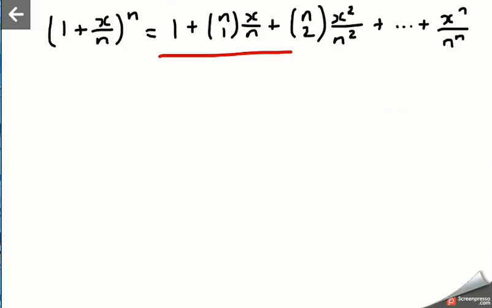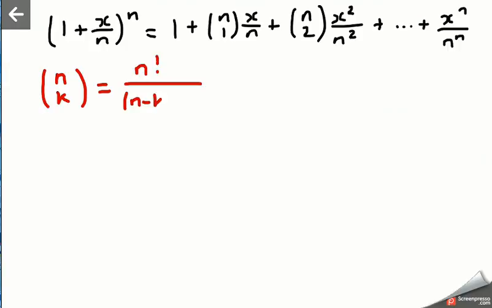Okay, well, we're going to simplify this part now. Remember that n choose k is equal to n factorial divided by (n minus k) factorial times k factorial. That's going to be important here.